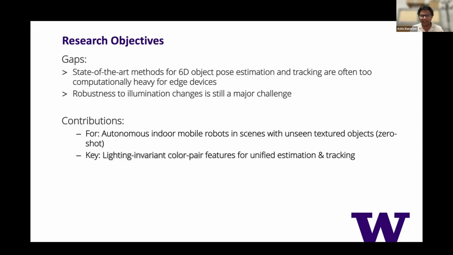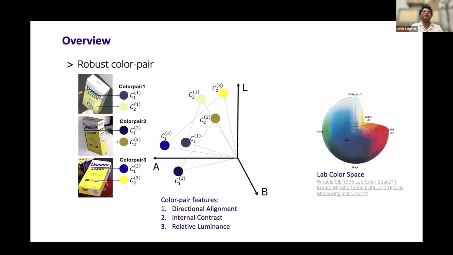So the key idea we came up with is this notion of color pairs. So we're not talking about individual colors, but color pairs, and it's visualized here. Individually, we know the colors change quite a lot depending on your ambient lighting conditions.